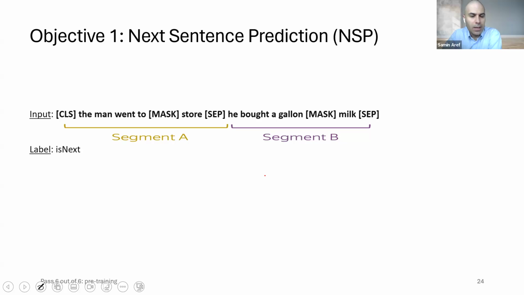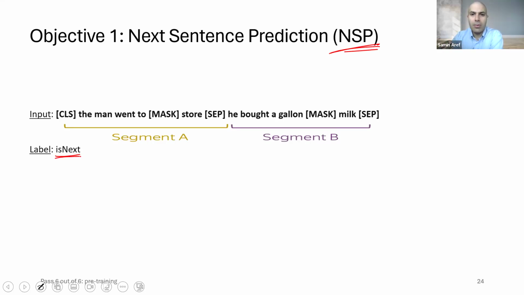For us, it's easy to predict that this input must have been "The man went to the store, he bought a gallon of milk," just like a fill-in-the-blank task. But anyway, BERT receives this input, and since we're focused on the NSP task, there is a label corresponding to this input: that these two sentences are consecutive.